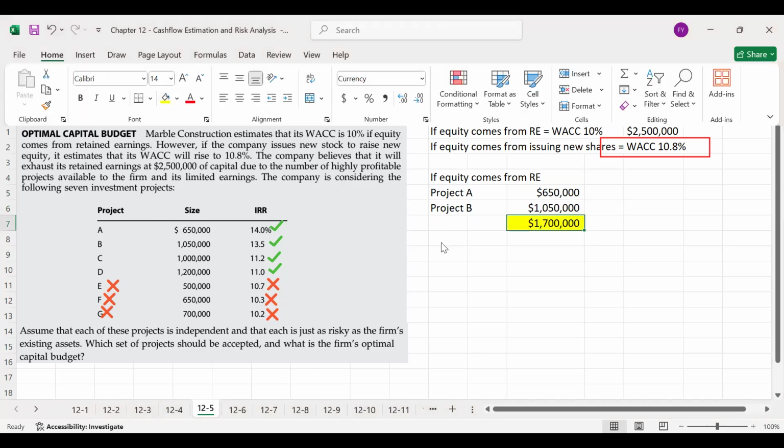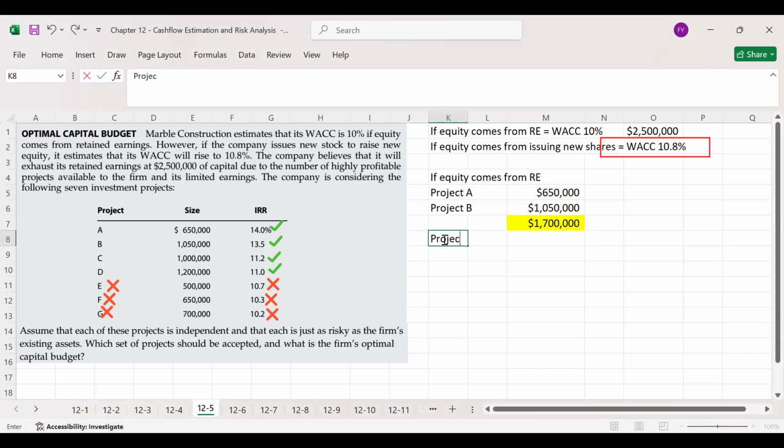Suppose we add project C also, so the project C investment is 1 million, and the total amount of investment required is 2.7 million, which exceeds the limited capital of 2.5 million. So we cannot consider project C if we finance only from the retained earnings.